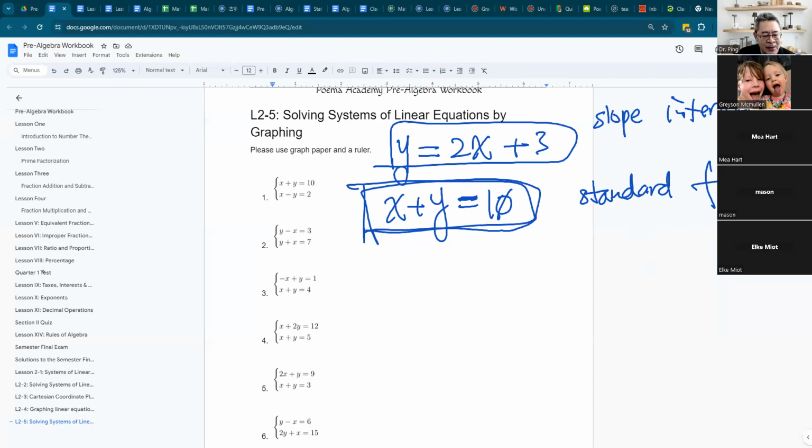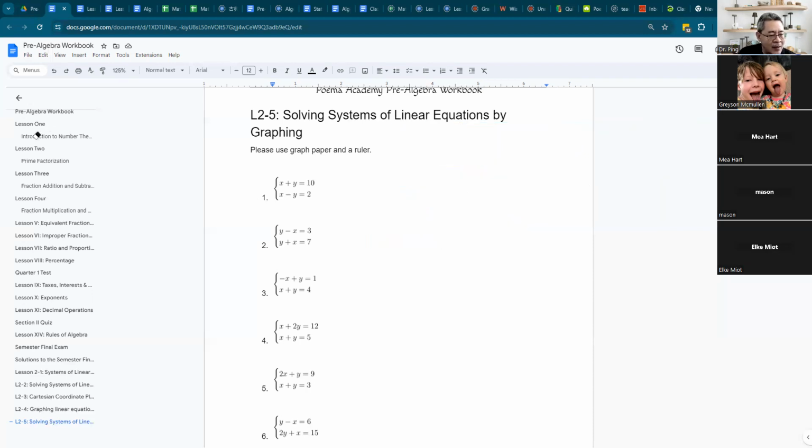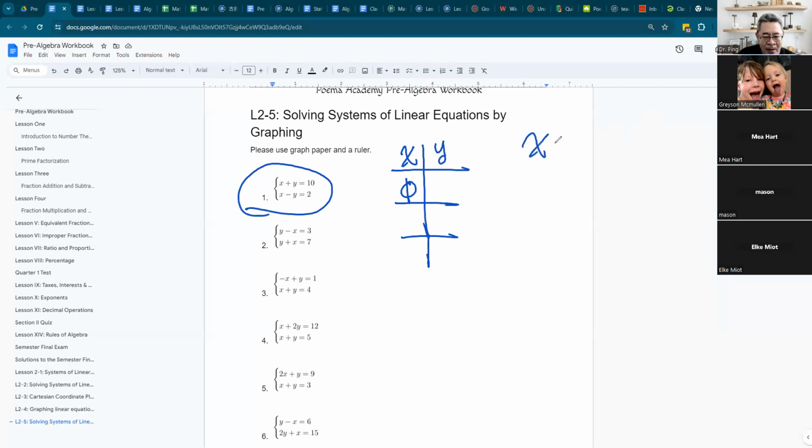Let's do the first one. We go x and y. Now if x is 0, then we see x plus y equal to 10.